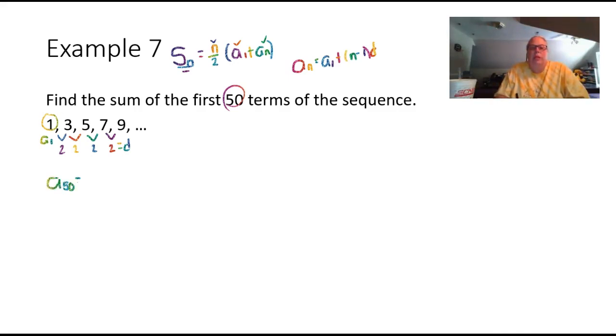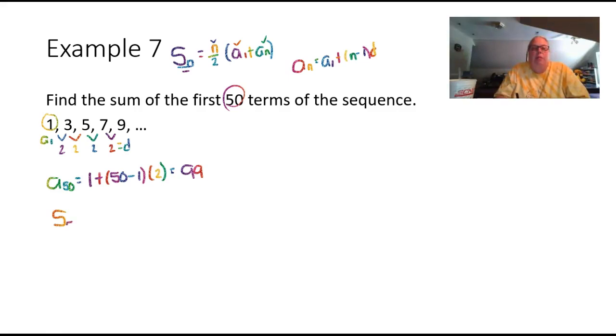50th term is going to be equal to the first term plus 50 minus 1 times the common difference we said was 2. We put all this in the calculator and we get 99. So the 50th term is going to be 99. Now I can find the sum.